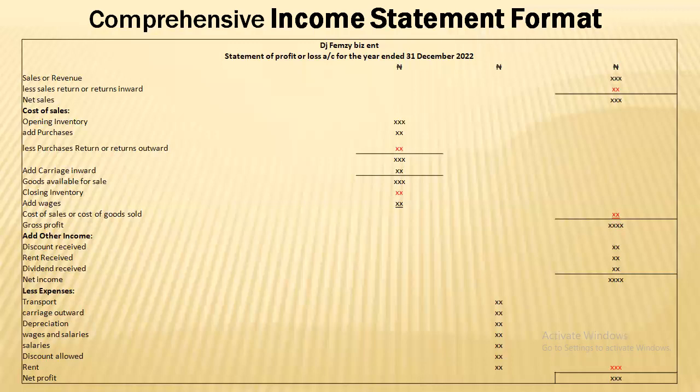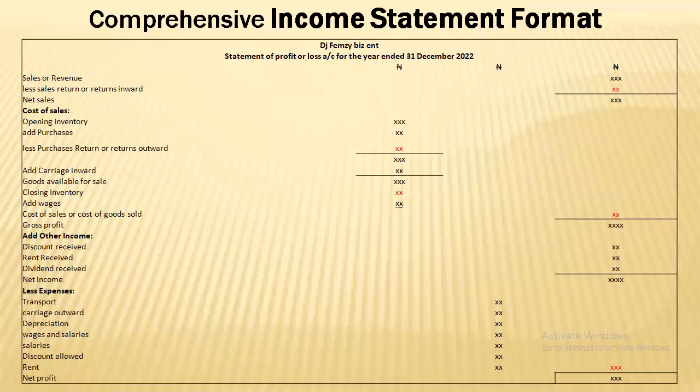Then you now add carriage. Don't forget, we said carriage inward is the cost of transporting goods to their current location, and it will form part of the cost of that particular product. So we add carriage, then we now deduct closing inventory. The closing inventory will always be given in the question. In fact, 99% of the transactions we'll be dealing with will be given in the question. It's as simple as that.